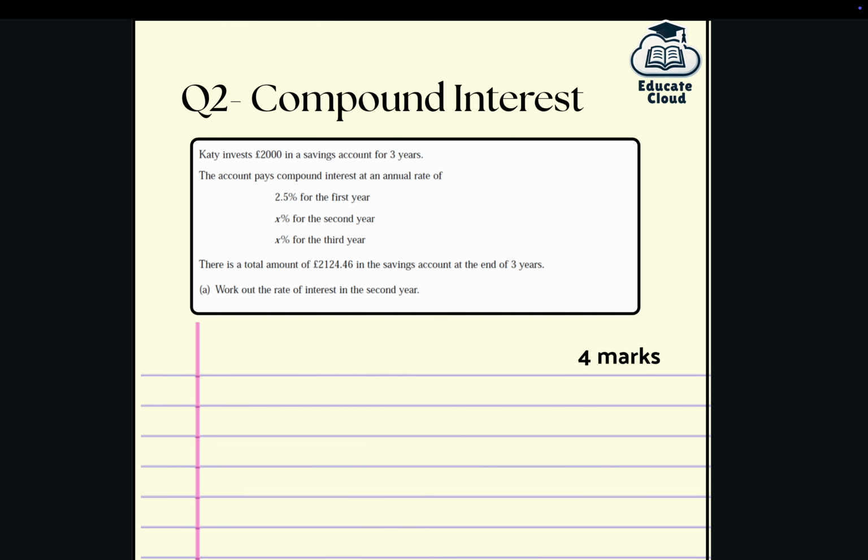This is on compound interest. It says Katie invests £2,000 in a savings account for 3 years. The account pays compound interest at a rate of 2.5% for the first year, X% for the second year, and X% for the third year. So we can find out the amount after 1 year by doing the principal amount times the multiplier, which is 1.025, to the power of 1 for the first year.